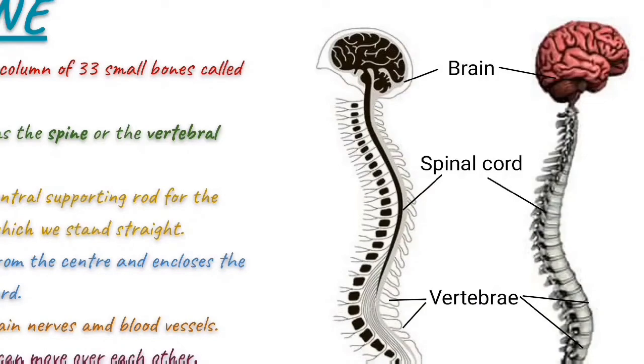Similarly, the vertebral column is like a normal pipe, and the thread-like structure called the spinal cord exists inside that pipe-like structure.